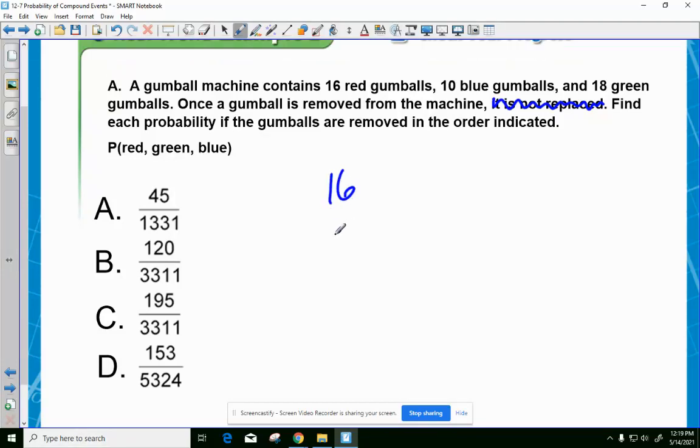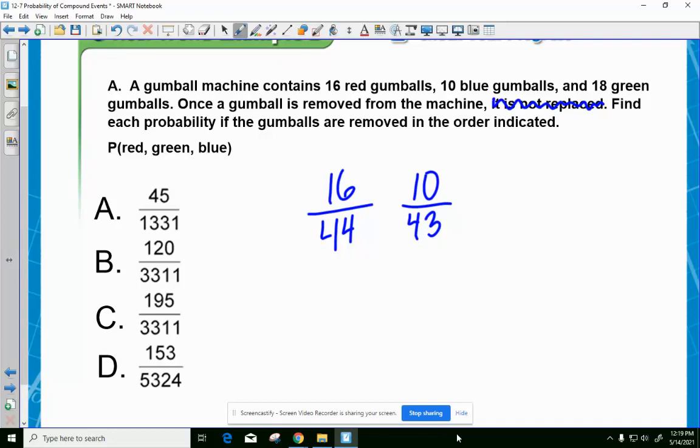Okay. What's the probability of getting a green one? What is it? 10? No. Okay. Out of 43. How are you getting from 44 to 43? Well, because once a gumball came out, at the beginning there were 44 in the hopper.